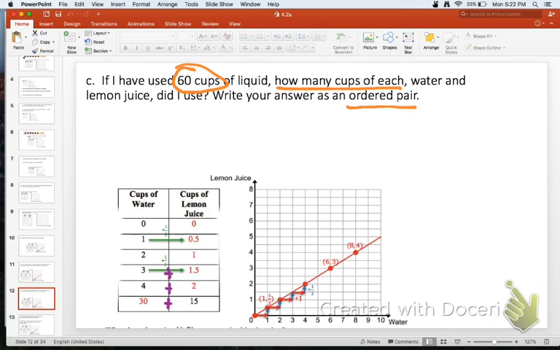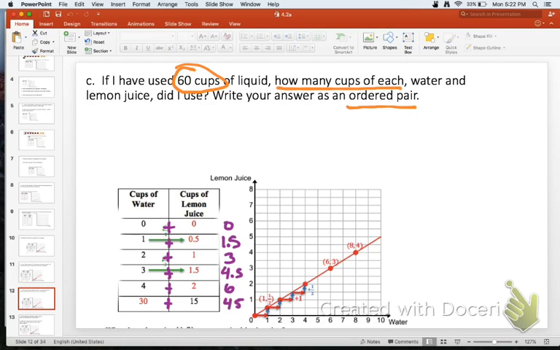So if I go through and do each one of these columns, 0 plus 0 is 0. 1 plus 0.5 is 1.5. 2 plus 1 is 3. 3 plus 1.5 is 4.5. 4 plus 2 is 6. And 30 plus 15 is 45.